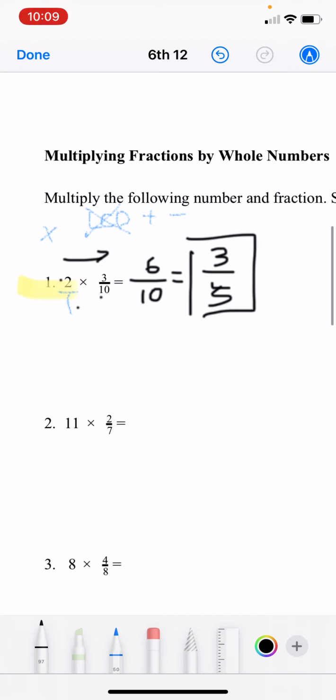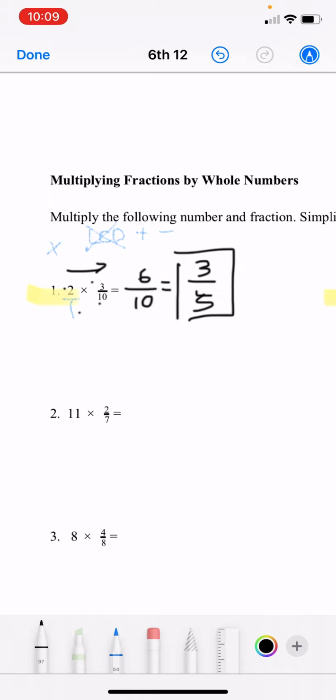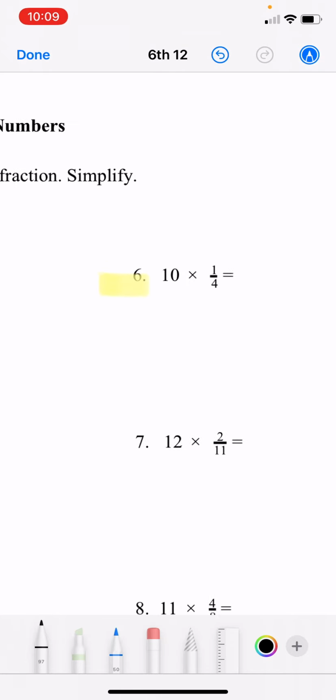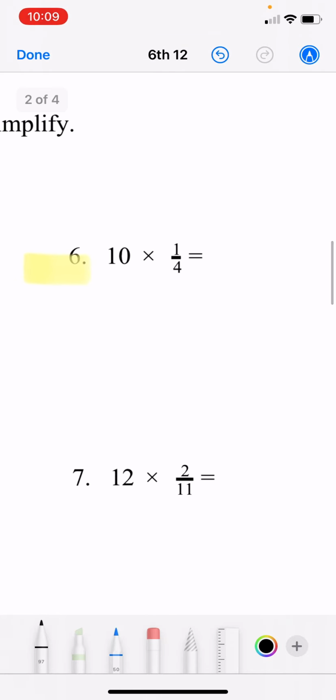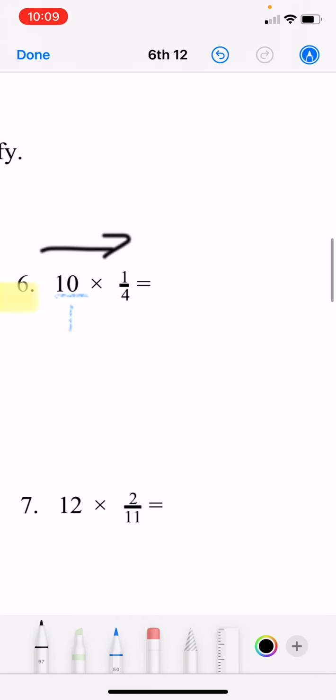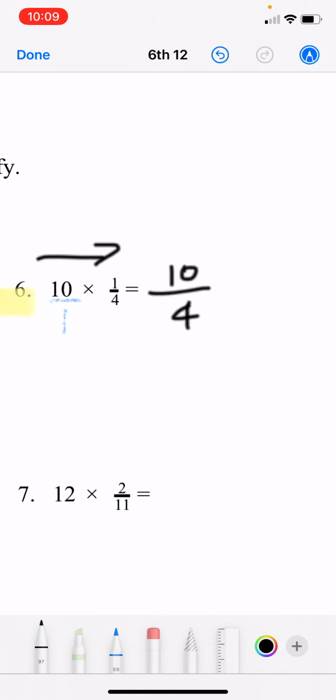So you're just multiplying the numerators by numerators, and the denominators by denominators. Okay, number 6. Again, remember there is a denominator of 1 for 10. Then you just multiply across, which is 10 times 1 equals 10, and 1 times 4 equals 4.